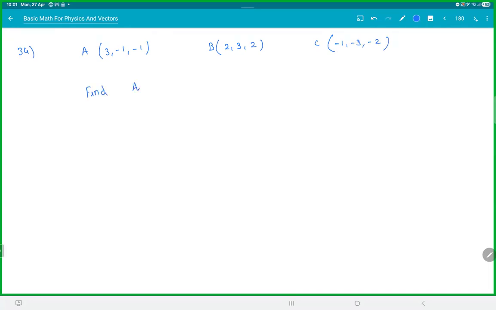Find the area of the triangle ABC. If you take 3 points, they'll always form a triangle, and if you join them, you get a triangle. Find the area of the triangle. How will you approach this?